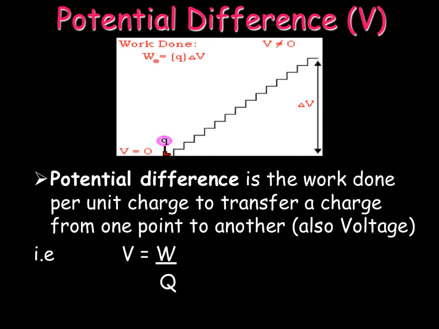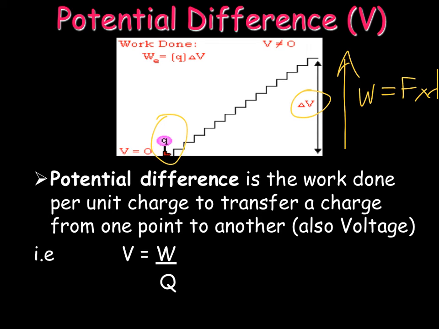The final section, because it's in here and because we're only at slide 19, I just talk about potential difference. Now, work is the amount of energy it takes something to climb. Work is force times distance. Here we have the force, which is related by the Q, and the distance, which is related by the potential difference.